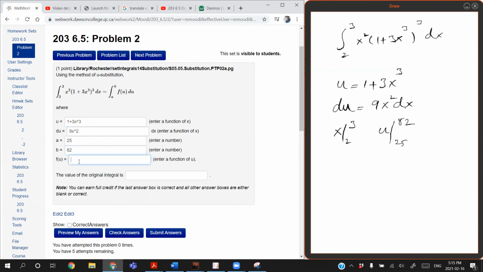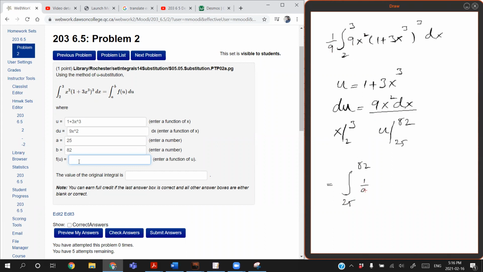Now, this is probably the most difficult part, finding f of u. I would need to do the substitution and then look at the function that I have after the integral. So the integral will become the integral from 25 to 82. I can see that I'm missing a 9. I have x squared here, but I don't have the 9. So I'm going to multiply by a 9 here and divide by a 9 outside.